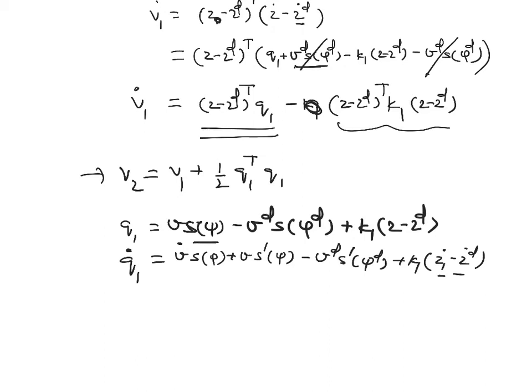So now if we do this, v2 dot will be v1 dot plus q1 transpose q dot, so that whole thing will come inside. Now we can plug in what is v dot, and s prime psi we can plug in later. What was v dot? I think it was alpha (v commanded minus v).